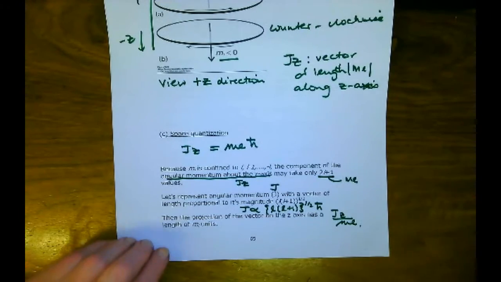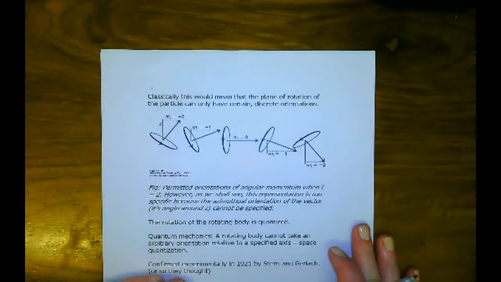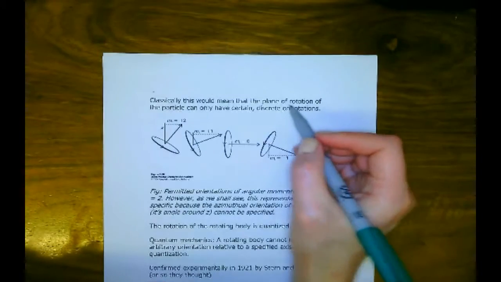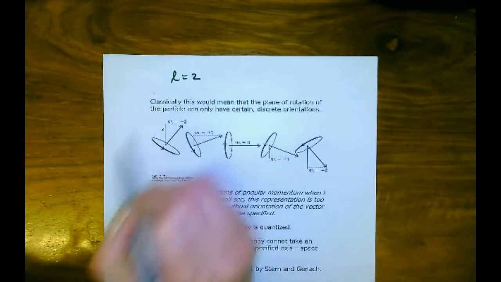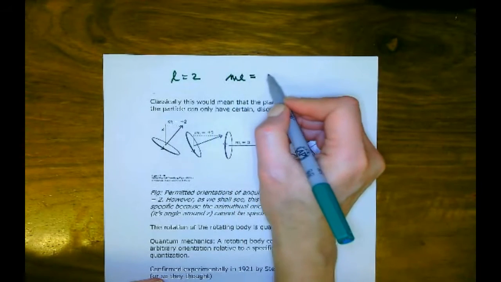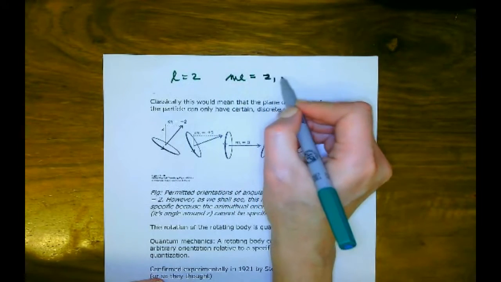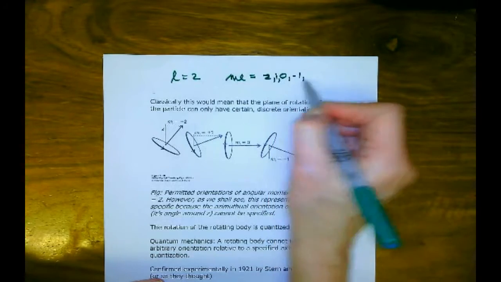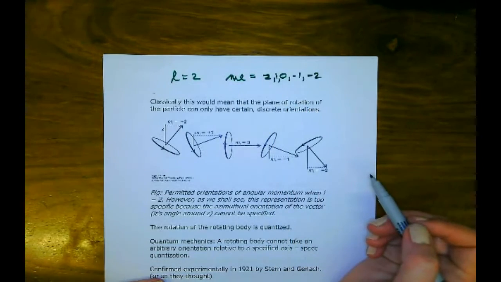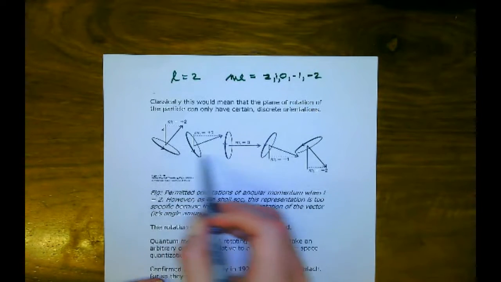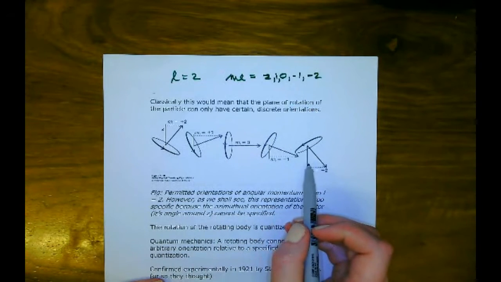So let's show this graphically, then this will make more sense. So let's consider the case where L is equal to 2. So ML is equal to 2, 1, 0, minus 1, and minus 2. And all of this is represented in this case.